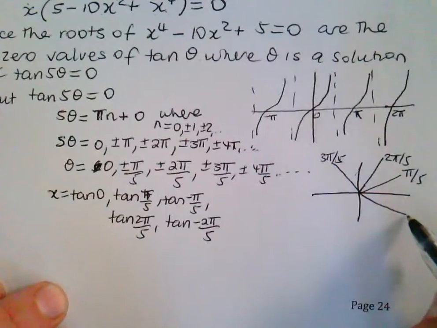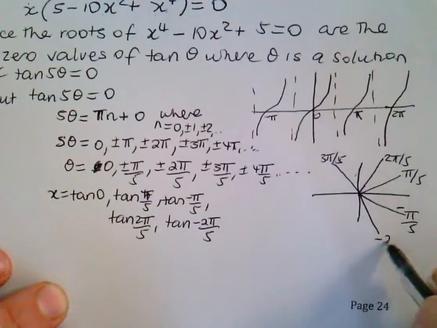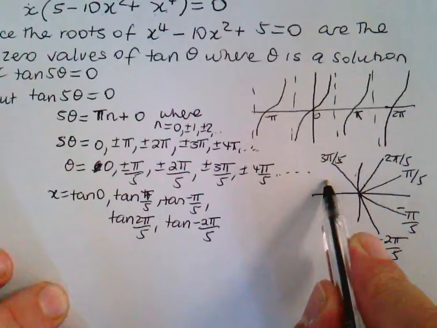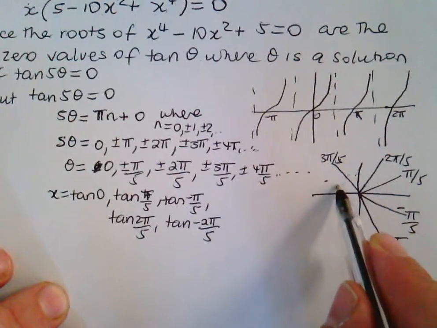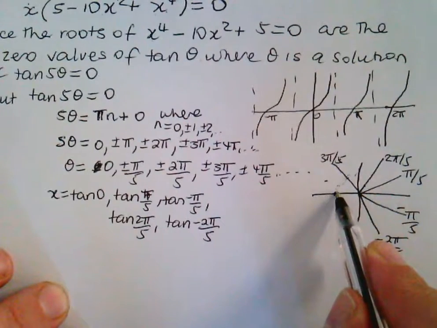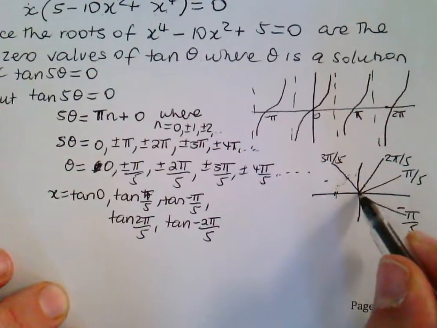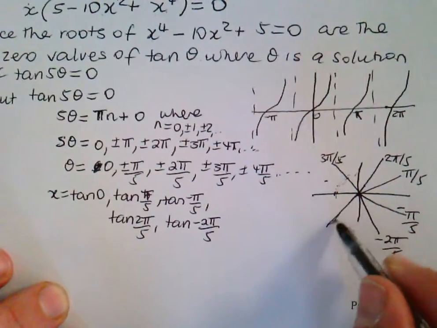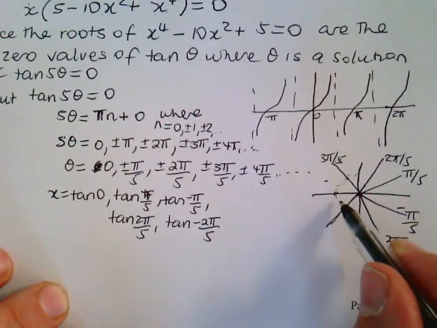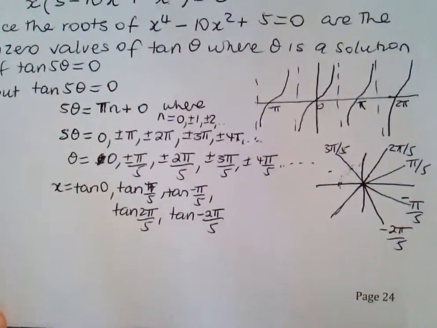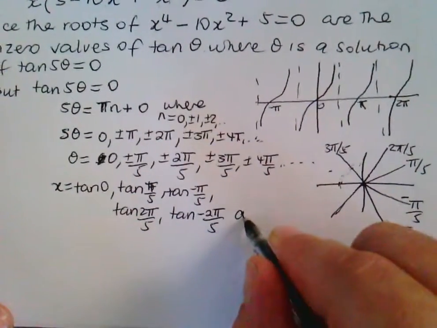Here's my negative pi on 5, and there's my negative 2 pi on 5. In quadrant 2, tan is negative, so tan of 3 pi on 5 is the same as tan of negative 2 pi on 5. Get it? So I don't need it. Tan of negative 3 pi on 5 is the same as negative tan 2 pi on 5 as well. All right, so they're my solutions.